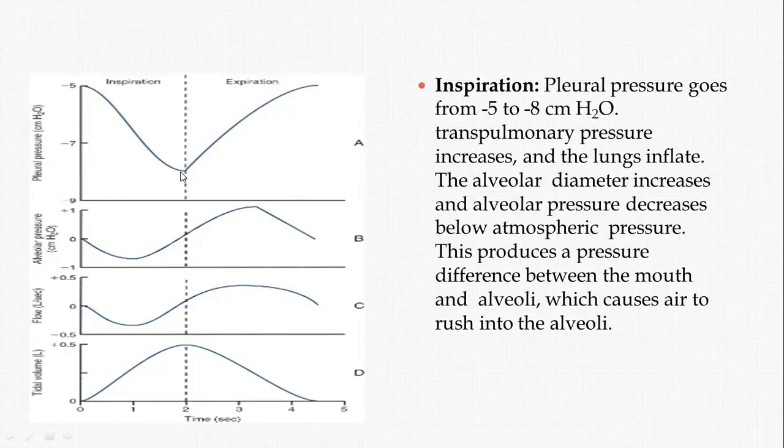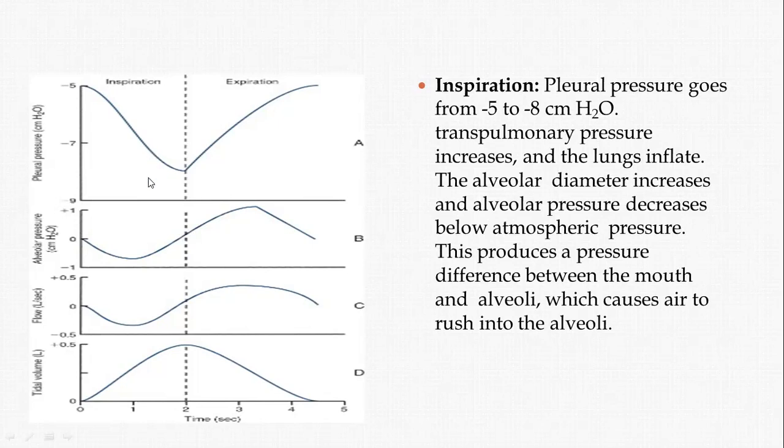The alveolar diameter will be increased and the alveolar pressure is decreased. So if you see, during inspiration, the alveolar pressure goes on decreasing below the atmosphere. This produces a pressure difference between the mouth and the alveoli.